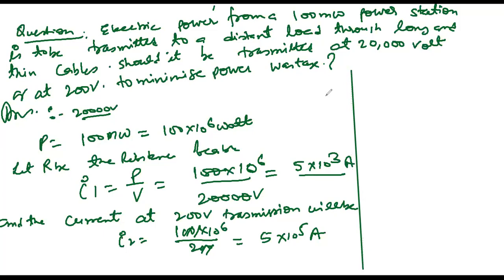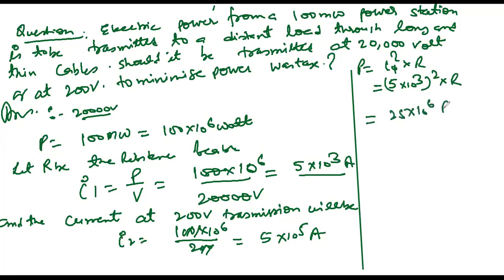Next thing we'll calculate how much power dissipation will take place. So P is equal to I1 square into R. I1 in the first condition is 5 into 10 to the power 3 whole square into R. So it will be 25 into 10 to the power 6 into R watt.